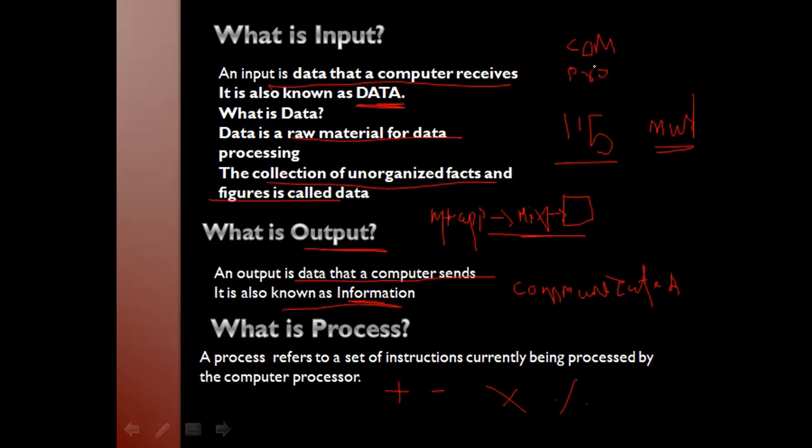So if we want to add two numbers, then in step 1, take the first number, then take the second number, then perform the plus operator in process, which adds the first plus second number and gives the output, that is the result. Okay, clear? Then stop. In this way, a computer processes.